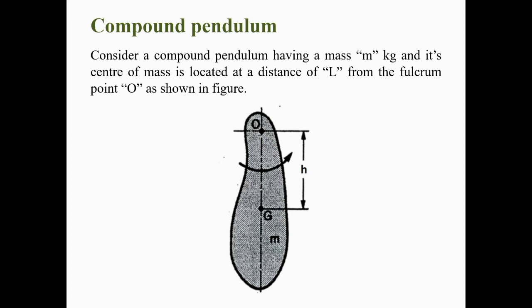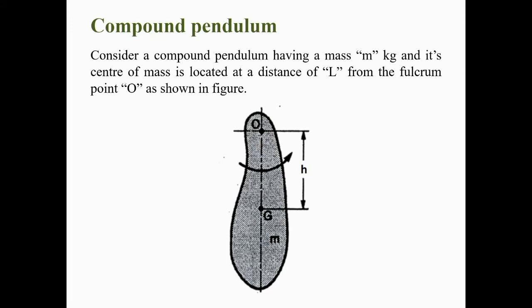As we have discussed earlier, in a simple pendulum a mass is suspended over a weightless rod. So the whole mass is concentrated at the end of the pendulum and the center of mass is located at the end of the pendulum. So the mass moment of inertia I is given by mass into length of pendulum square.